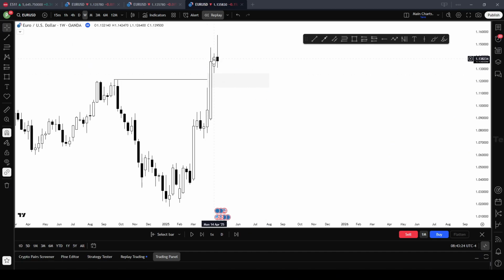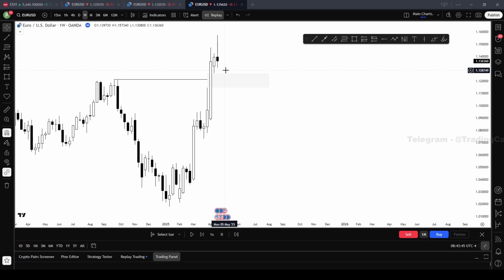So first of all, based on the liquidity framework, what you can see is that with this move, we had taken out external range liquidity in the form of taking out this high and this high right here. So now the next logical objective or the next logical move for price was to fill internal range liquidity before it does anything else, right?